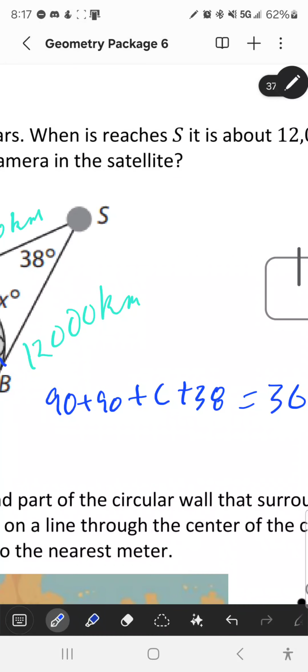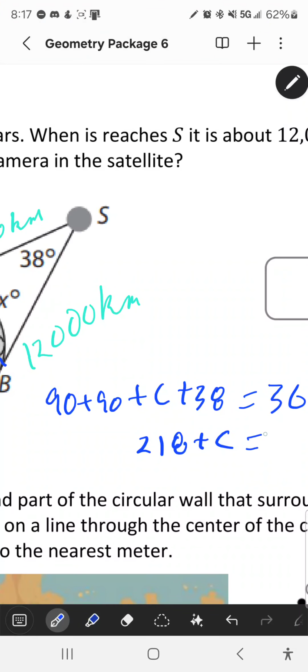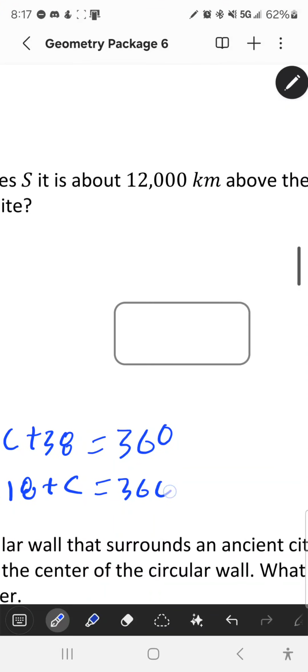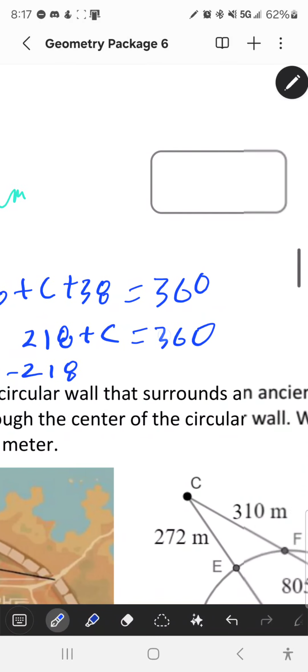So 90 plus 90, 180, plus 38 is 218. So 218 plus C equals 360. And then we subtract 218 from both sides.